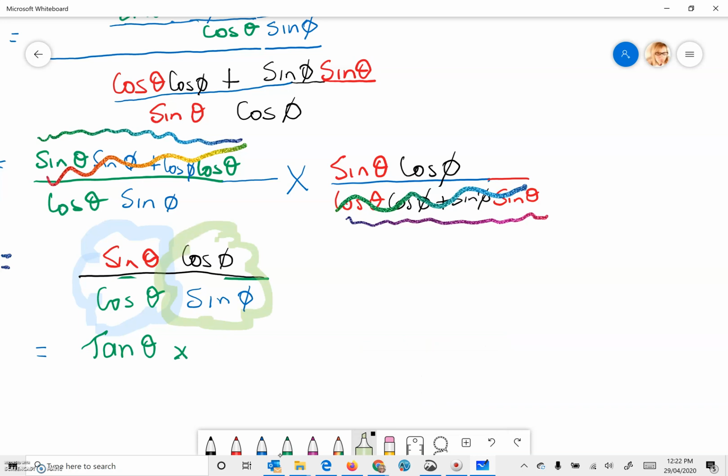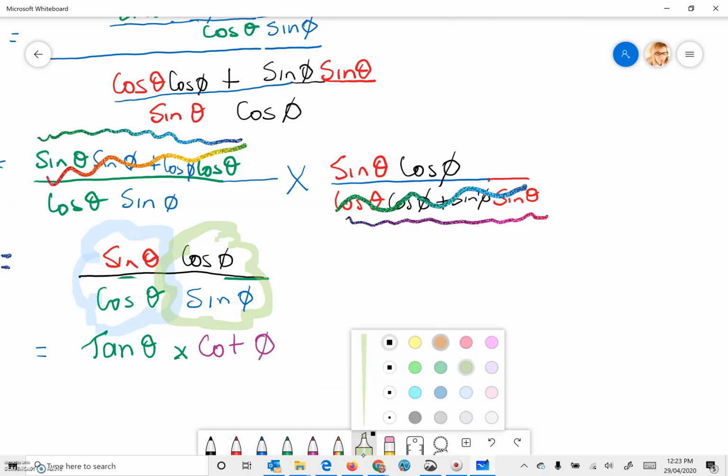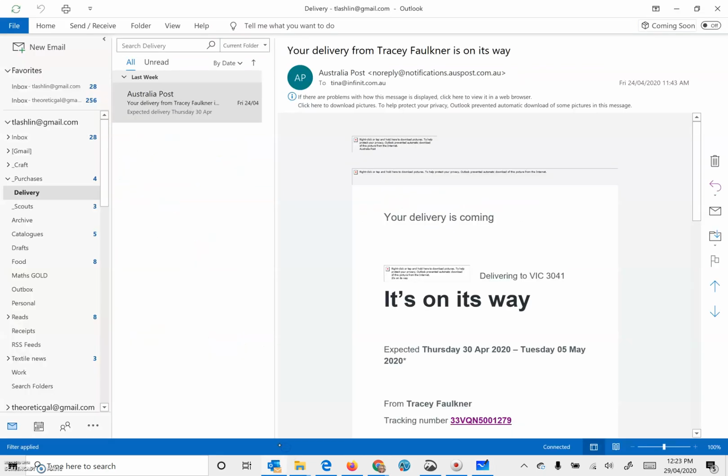Well, that's the opposite way around. So that one there is going to be a cot phi. Got to be really, really careful though, okay, because we need to make sure we're actually talking about the same angles. These ones are two thetas, so I can use those. Those ones are two phis, so I can use those.